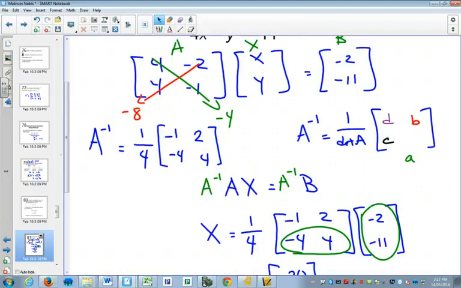These two get switched, and then we add a negative in front of those ones. So that's what I did. I took the 4 and the -1 and I switched them. And then I added a negative in front of -2, which becomes 2, and a negative in front of 4, which becomes -4.